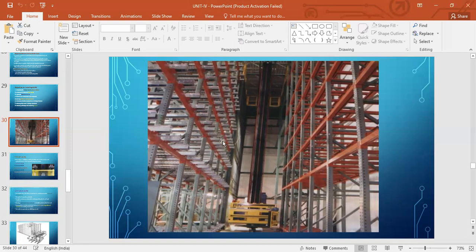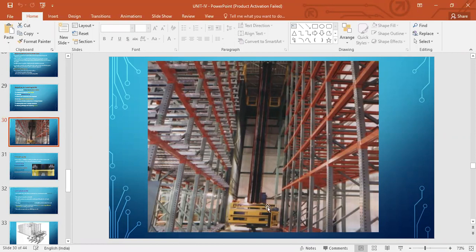Even the in-depth, like the shuttle has to move inside, right? So if it is too deep, then it will be difficult, isn't it? The traveling time, etc., will be affected.